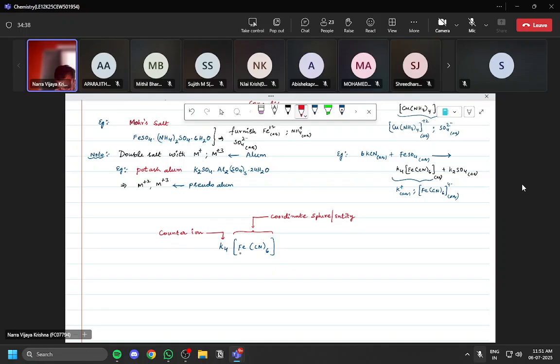Then this is called the central metal atom or ion. The central metal atom is connected to species called ligands. In that, the number mentioned is called the coordination number.